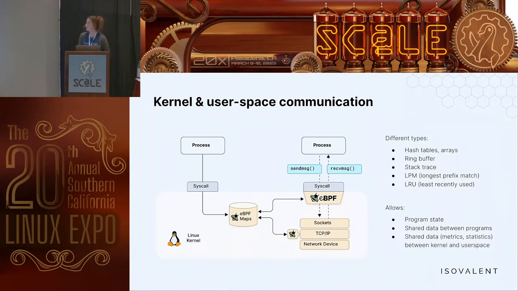Any state is stored in BPF maps. For example, the metrics, the statistics, the data, you put into a BPF map. I listed a bunch here: hash tables, arrays, ring buffers, stack trace, longest prefix match, least recently used, and so on.